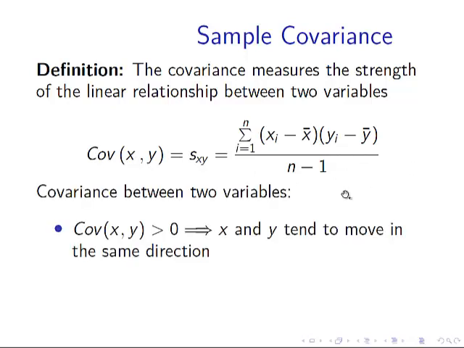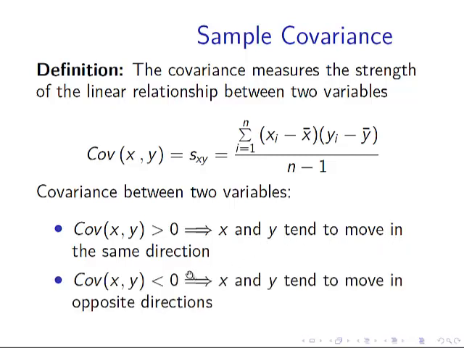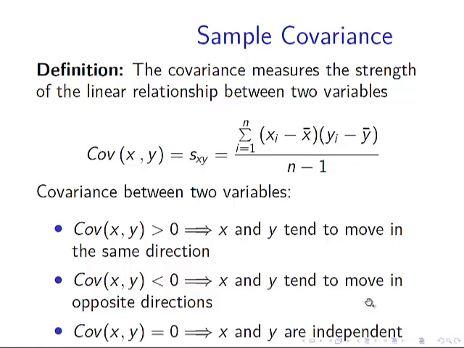If as a result we obtain something positive, we say that x and y tend to move in the same direction. If covariance is less than 0, we say that x and y tend to move in the opposite direction. And if covariance is equal to 0, we say that x and y are independent.